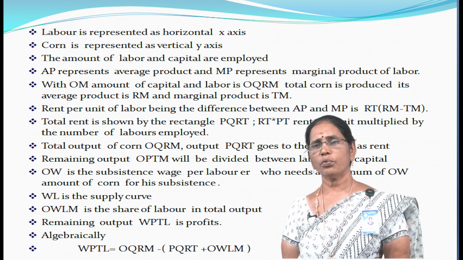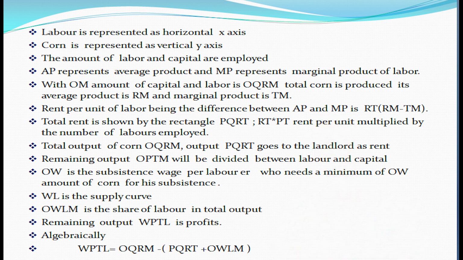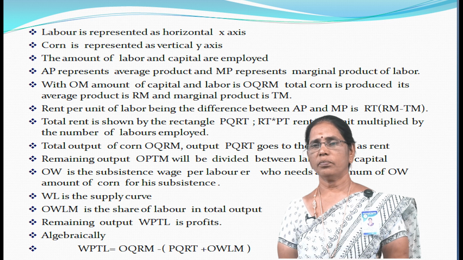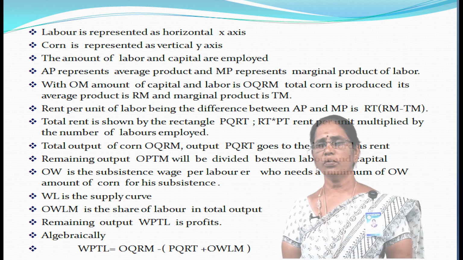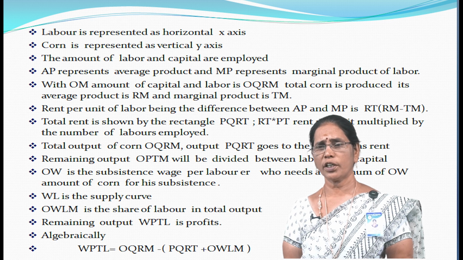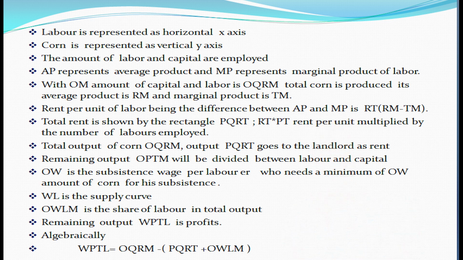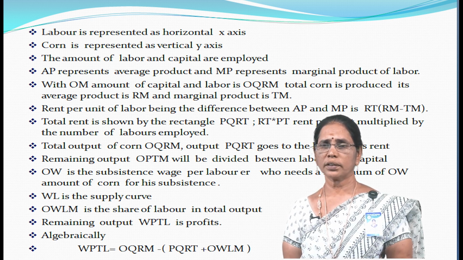Of the total output OQRM, PQRT goes to the landlords in the form of rent. The remaining output OPTM will be divided between labor and capital. OW is the subsistence wage per laborer, who needs a minimum of OW amount of corn for his subsistence. WL is the supply curve.